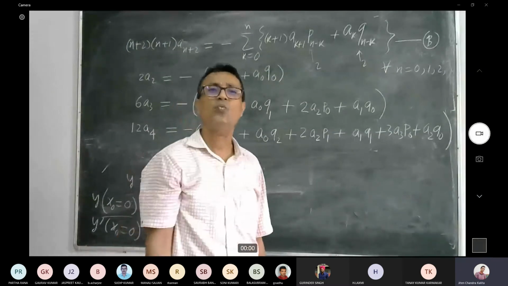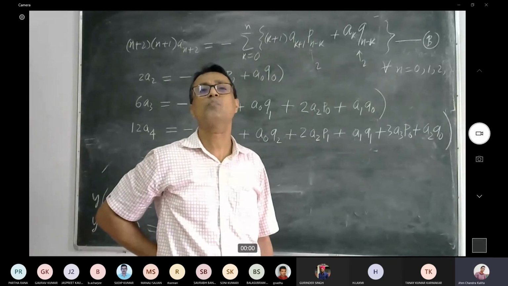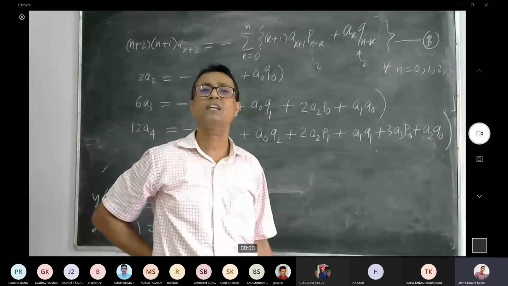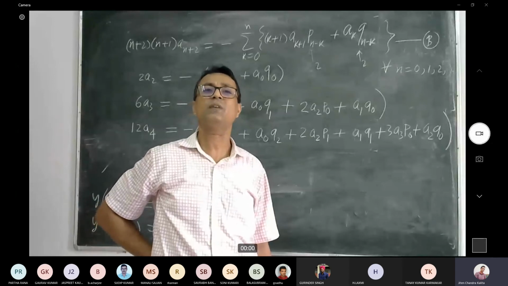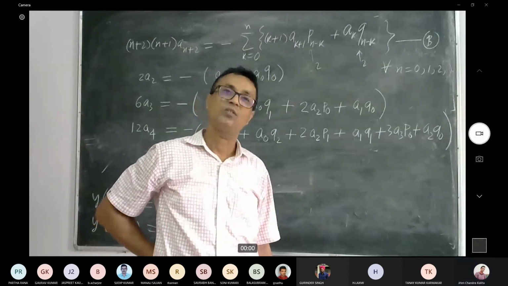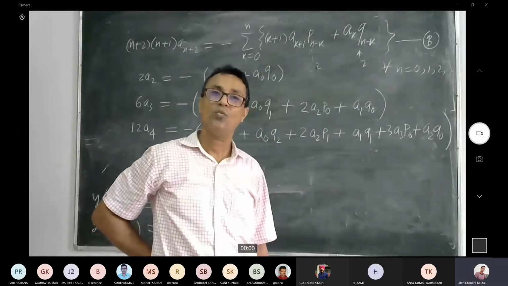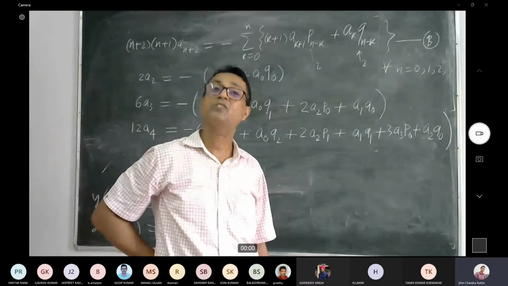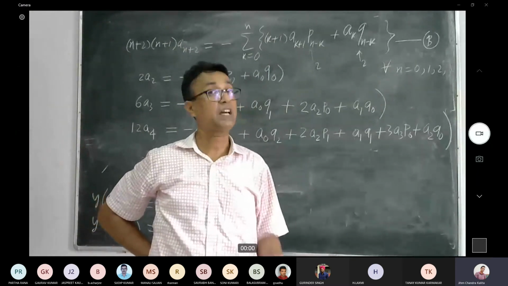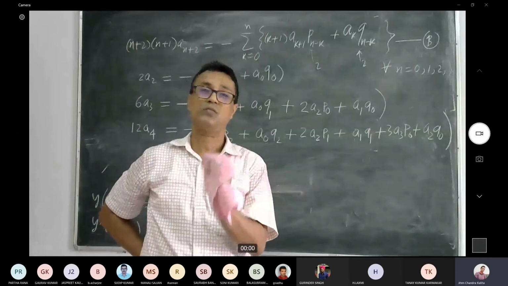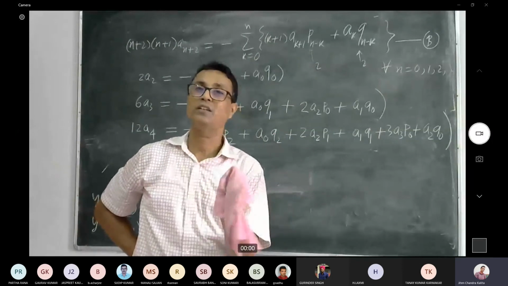Okay, so then what is going to happen? If you plug in the initial condition, you are always going to end up with b naught equal to y at 0 and b1 equal to y prime at 0. Is it okay? So then those coefficients must be equal. So that means a naught must be equal to b naught and a1 must be equal to b1, right?